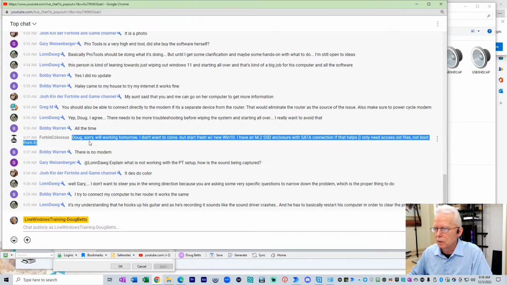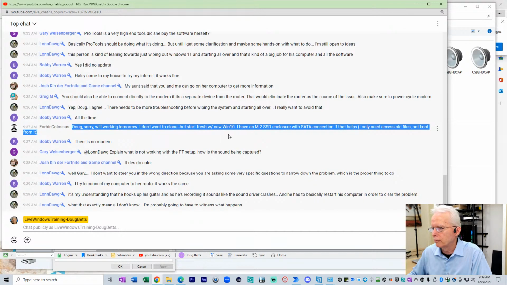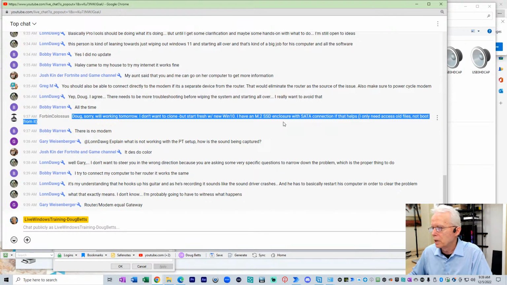Forbin Colossus, Doug, sorry, we'll be working tomorrow. I don't want to clone, but start fresh with Windows 10. I have an M.2 SSD enclosure with SATA connection, if that helps. You don't want to do that.